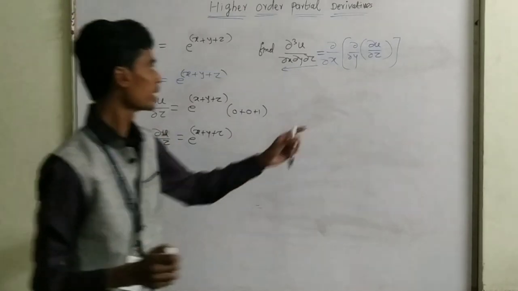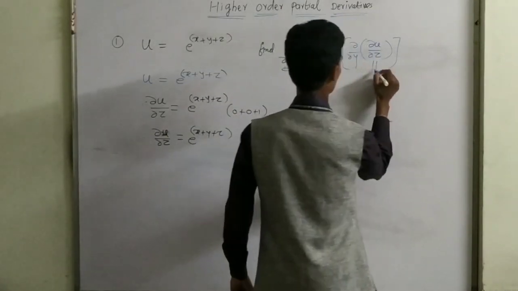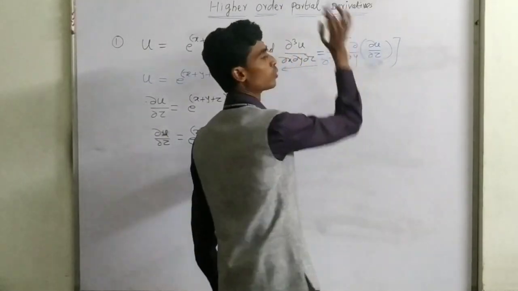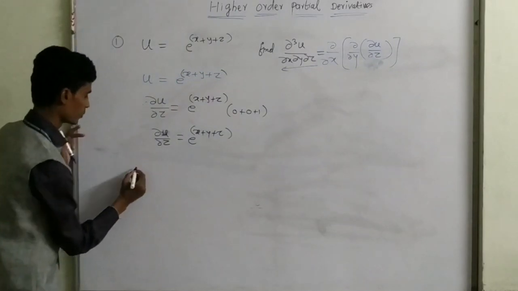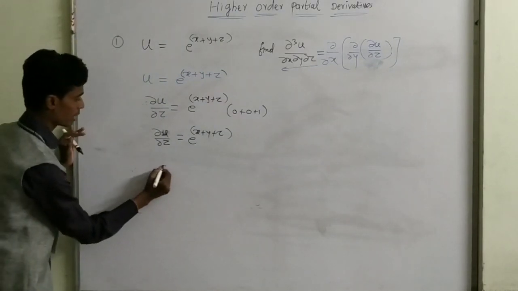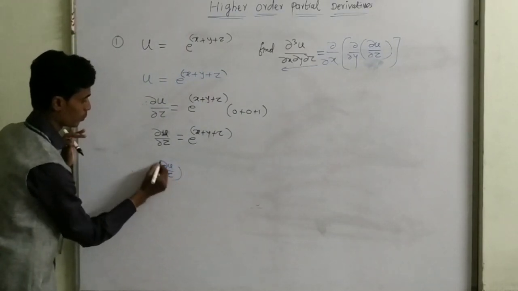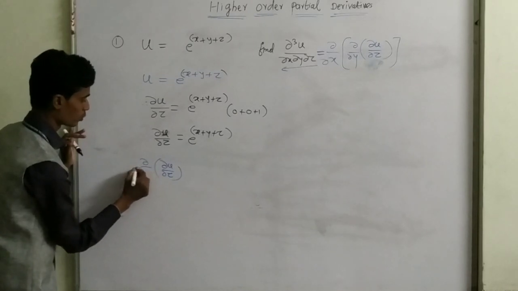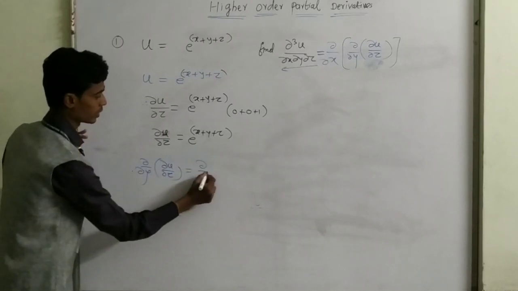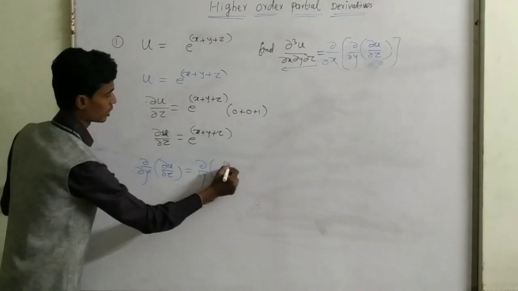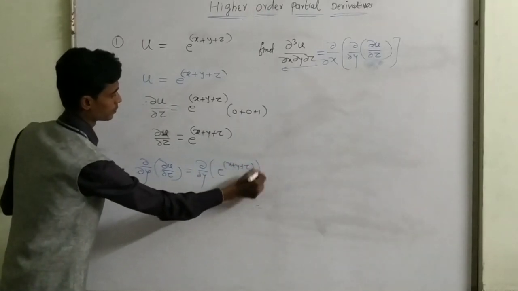Now next we have to differentiate this ∂u/∂z with respect to y, so I am taking here differentiate this ∂u/∂z partially with respect to y, clear.